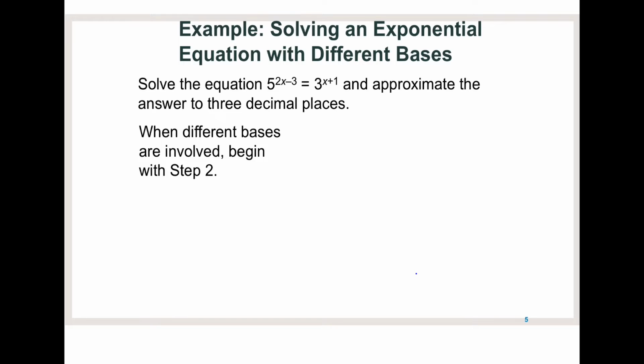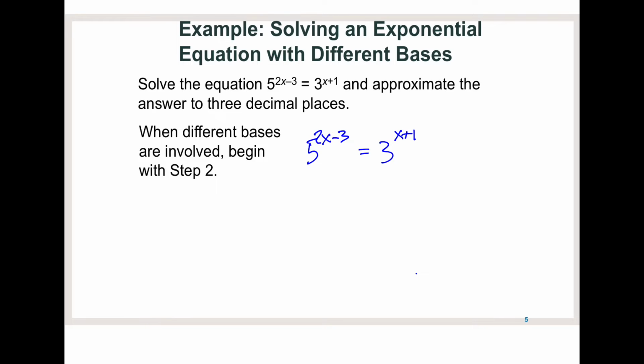Again, if we start with this equation here, 5 to the 2x minus 3 equals 3 to the x plus 1. We can see automatically, we don't have to even do a whole lot here, that the bases are very different. On the previous one, we just had it set equal to a number. But here we have two exponential statements on either side.